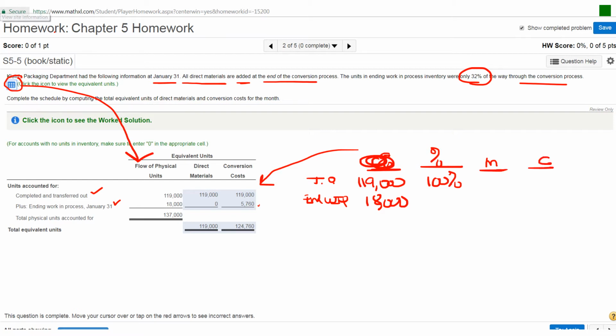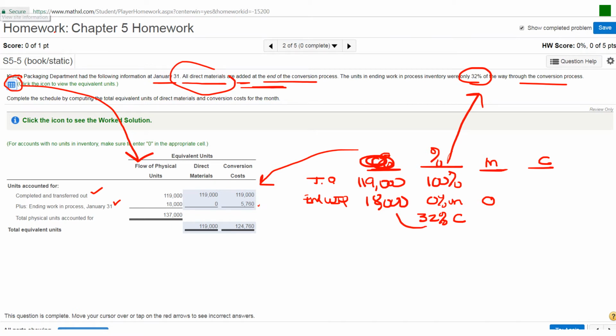Now the trick here is when they say that all materials are added at the end of conversion, that basically means that right now the materials are 0, okay? Because they have not been added yet. So in that case, you just put a 0 there, or 0% for materials. And then the problem told you that the conversion part of this was 32% complete. They told you that right up there.